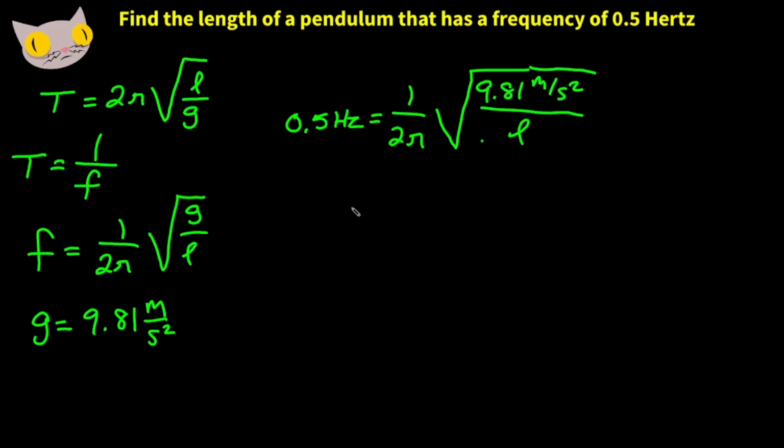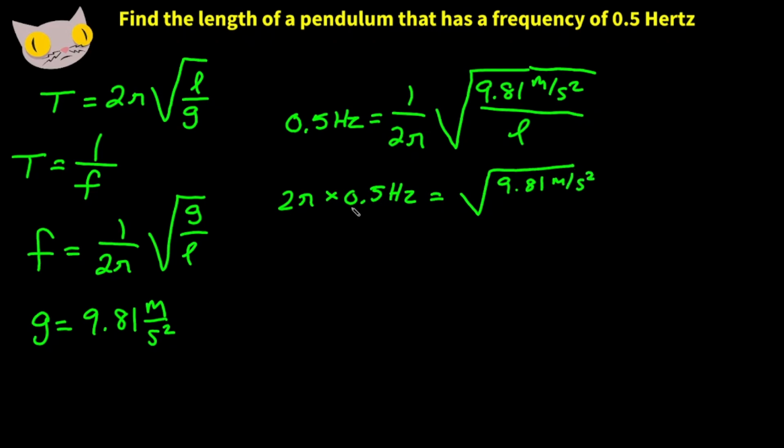Let's rearrange the equation. Let's multiply both sides by 2 pi so we can get rid of this. So we have 2 pi times 0.5 hertz is equal to square root 9.81 meters per second squared.